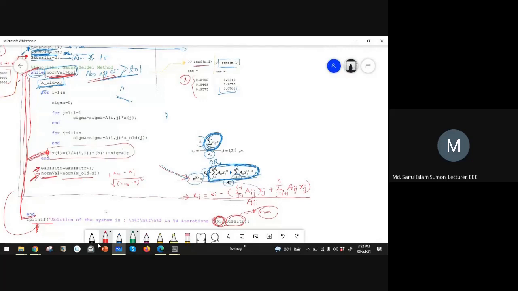In this line there is a sigma, the summation of aij, and to find this sigma I have executed another for loop. To find this sigma I have done all these things. If you just go through it by yourself, hopefully you will not face any problem. There is nothing special here.